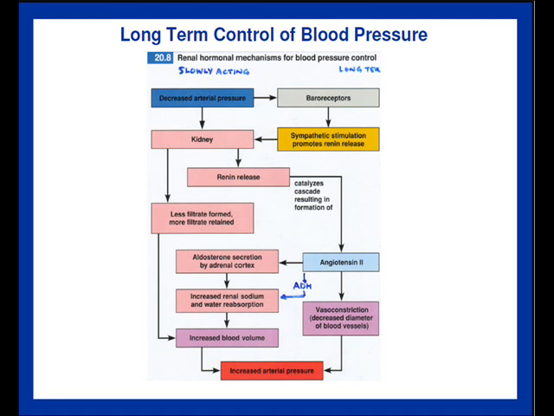If you increase blood volume, you're going to increase blood pressure. Okay? And therefore you're going to end up with increased arterial blood pressure because of that. Okay? So that's long-term control. Don't worry about that slide. We've spoken about that. There's a few points.